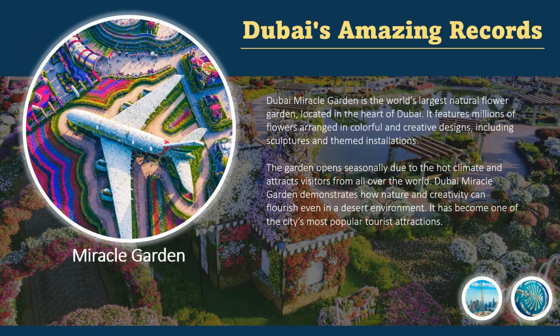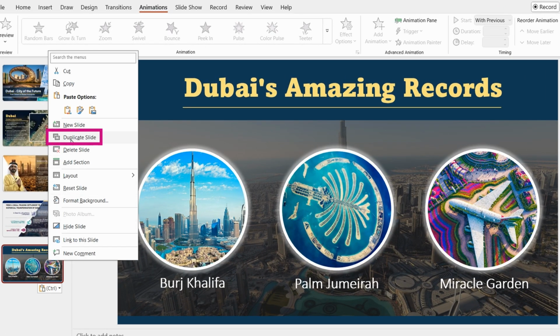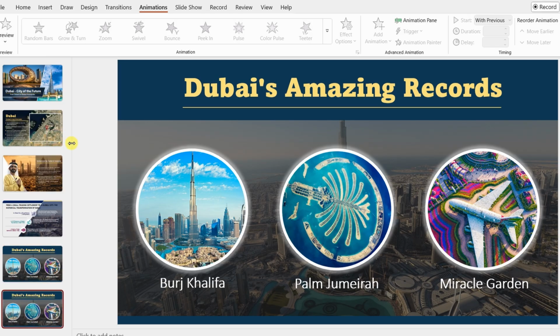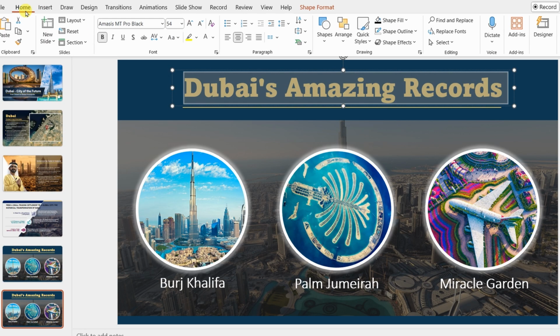So, to achieve this effect, the first thing you need to do is create a duplicate of the slide. On it, I will change the title font and move it slightly to the right along with the line.